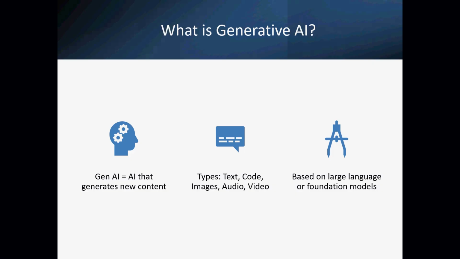But foundational model is a broader concept. It means the model is trained not only on text and language, but also on images and charts, etc. So that means it can understand more than text.